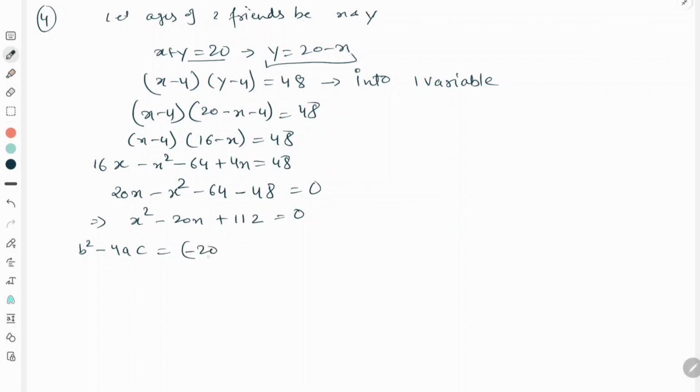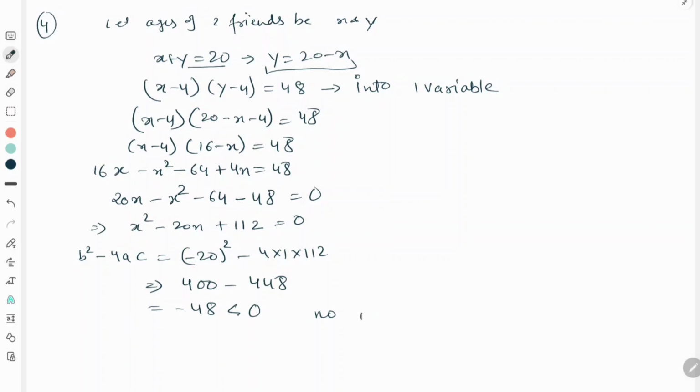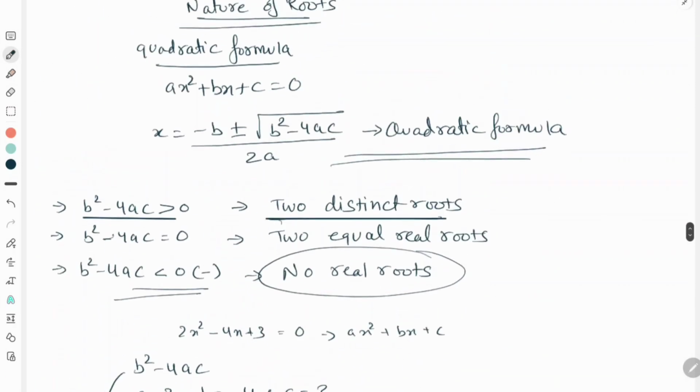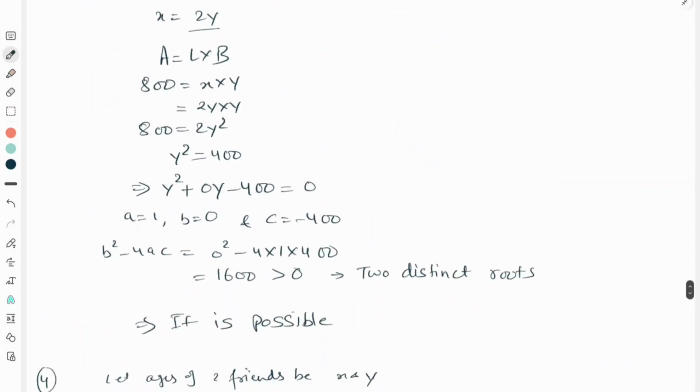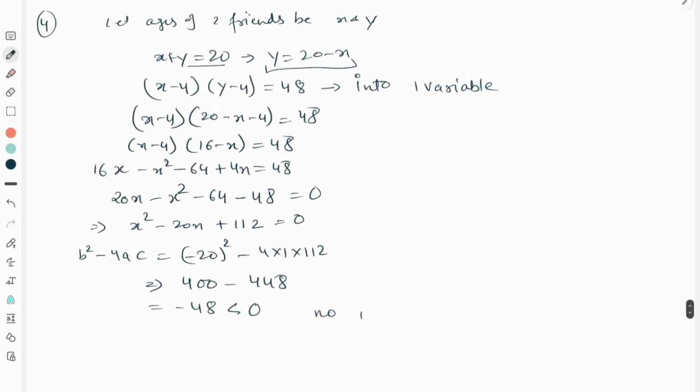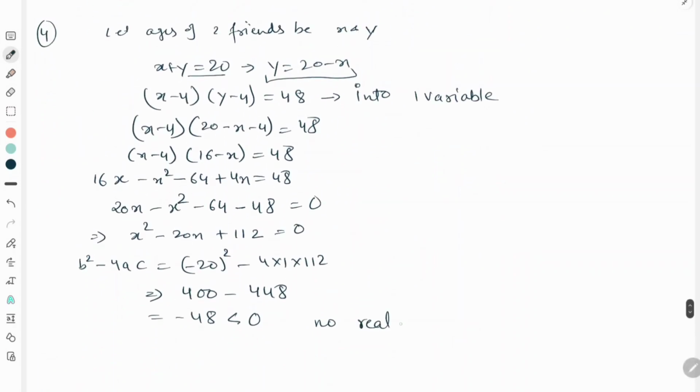So minus 20 square minus 4 into 1 into 112. So it is 400 minus 448, minus 48, which is less than 0. So we have no real roots. So this scenario is not possible.